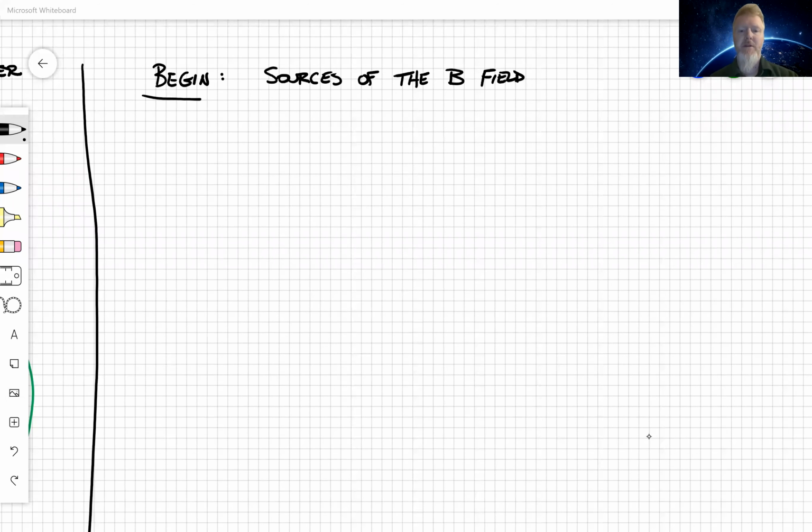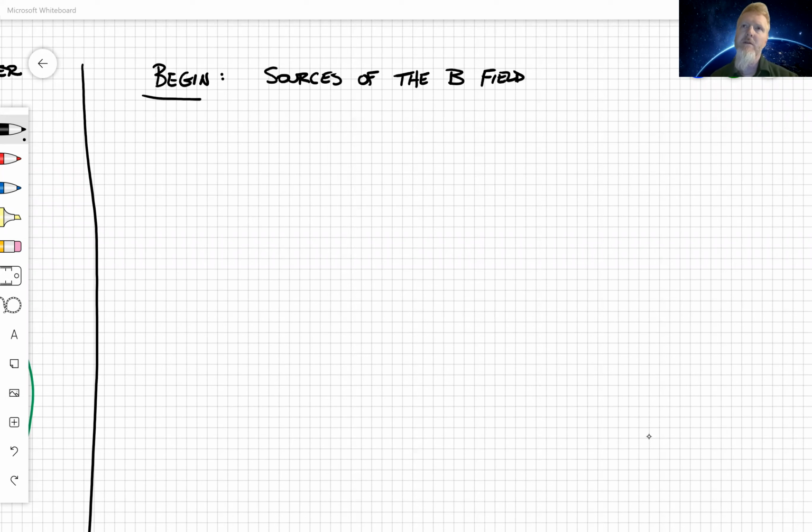So let's start first with drawing some analogies, which is kind of a funny thing to say because Coulomb's rule was actually discovered after what we're about to do now. So let's go ahead and get started and see what we come up with here. Let's start with the sources of the B field.